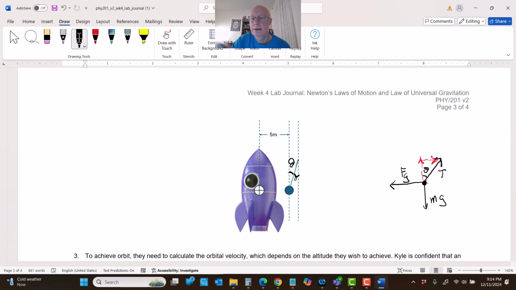And that's what I'm showing in this diagram. This component up here, using some basic trig, is T times the sine of the angle. And this side, let me move this label over. So F_G is here. This side is T cosine theta.